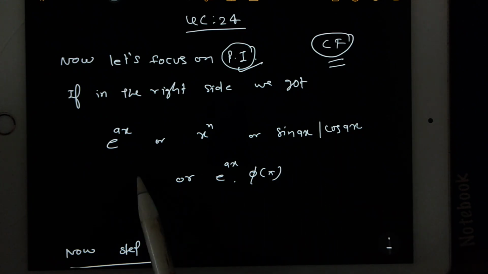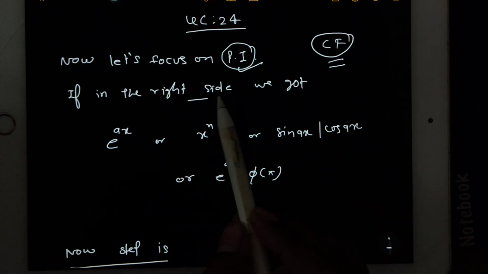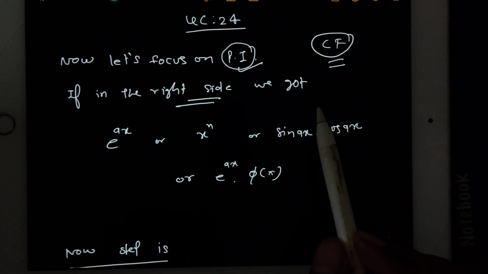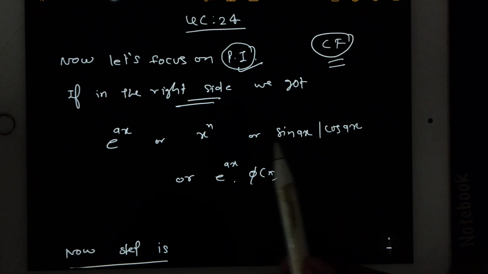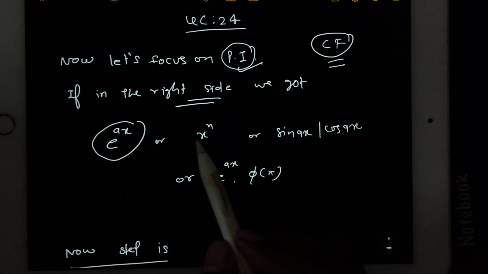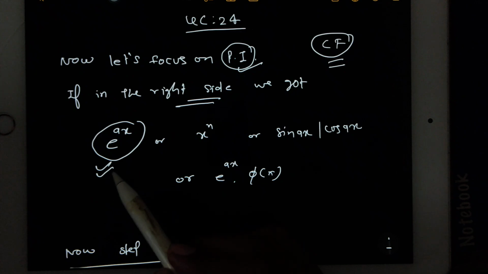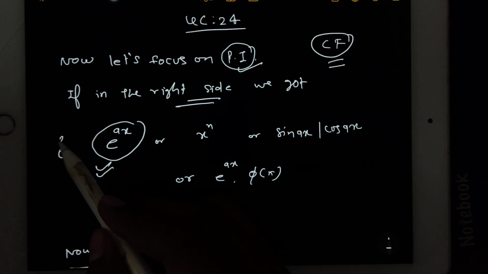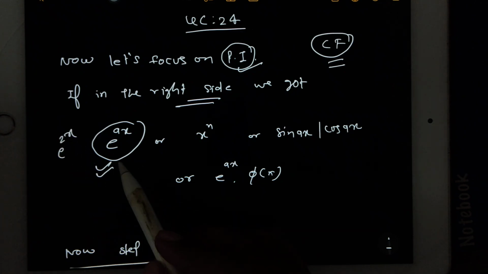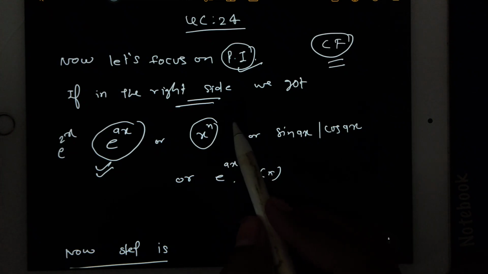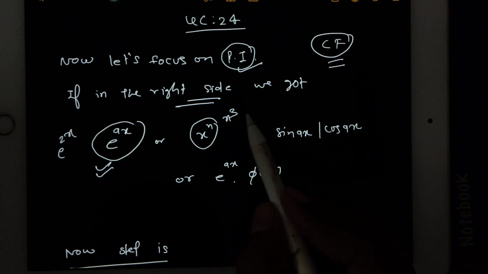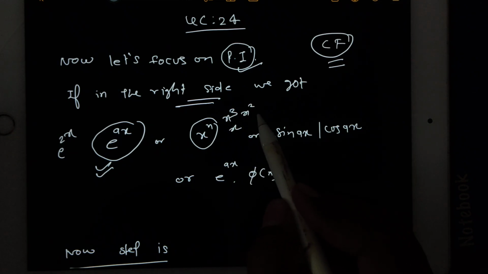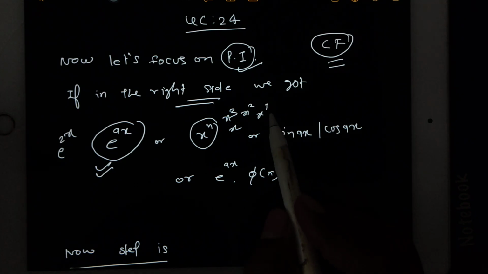I'll tell you. See, in the right side you will not be having 0. In the right side you will be having some function of x. It's like e power ax, I'm expressing in general form. It can be e power 2x, e power 3x, or anything. So e power ax or x power n. X power n means it can be x cube, x square, x, or x power 5, anything.